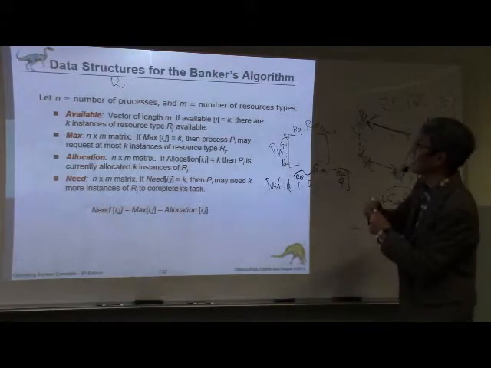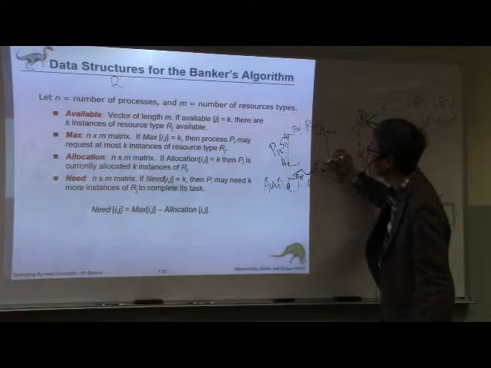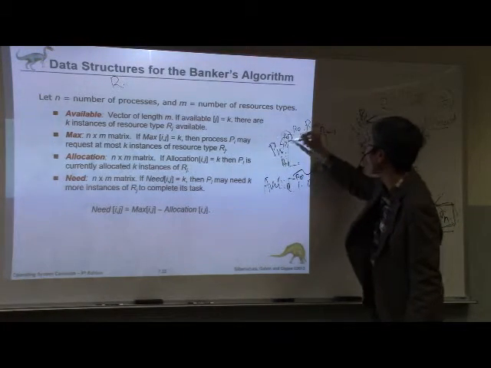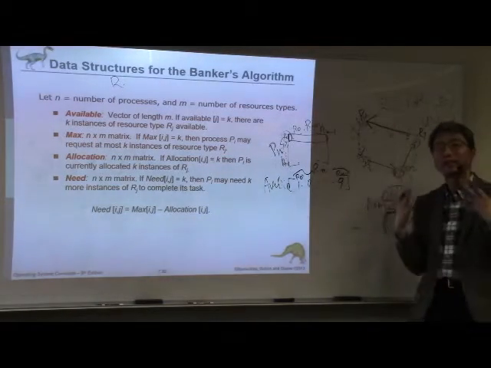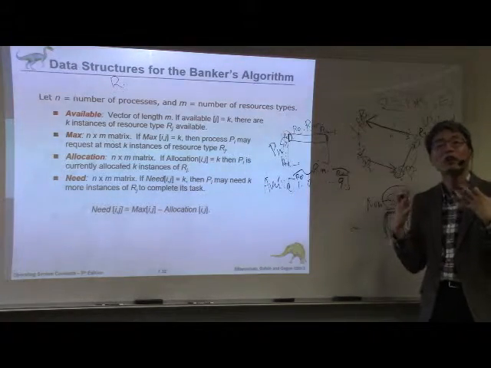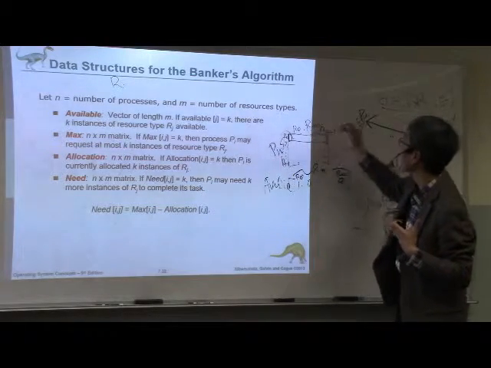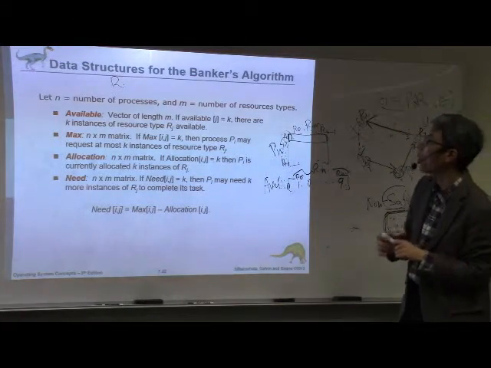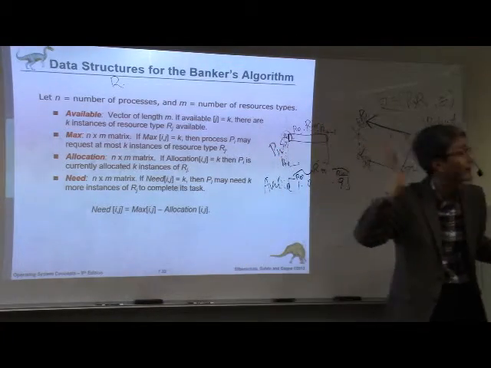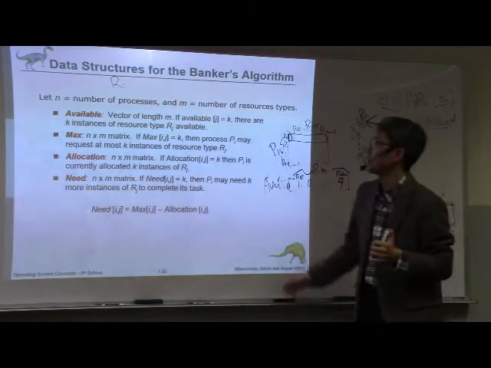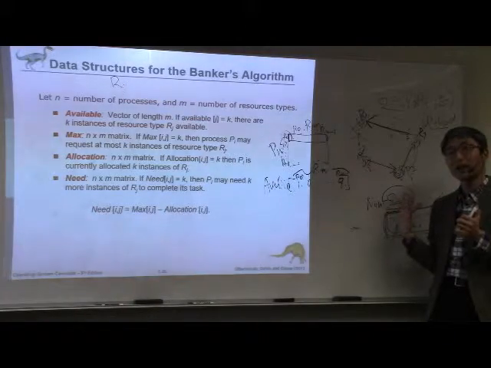Then next, to terminate each process, how many resources are needed for each process? Okay, so that is the maximum need, to be completed, to be terminated. That is an n by m matrix. Allocation is the same, n by m, but it is the number of resources currently allocated and granted. And need is how many more instances are needed.